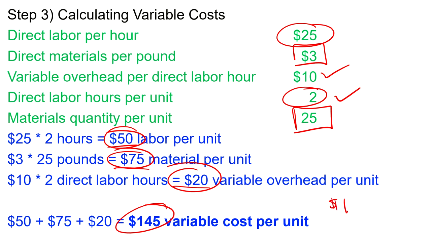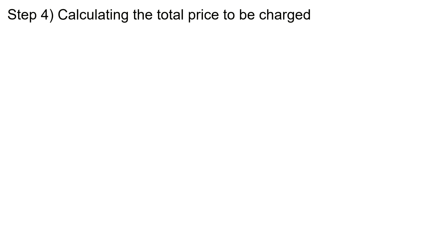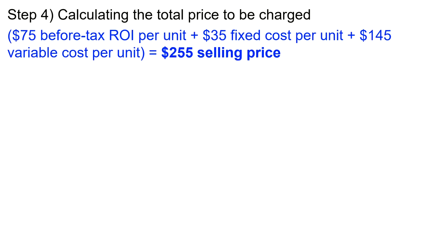That's our third of those 3 numbers we were going to put together. So we calculate the total price to be charged. We've got all 3 numbers going together, the $75 ROI per unit, the $35 fixed cost, the $145 variable cost per unit, and our selling price is $255.